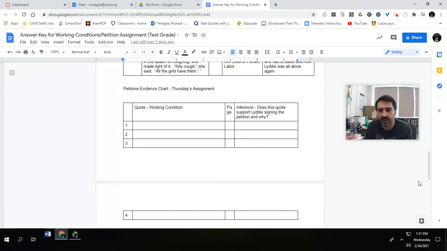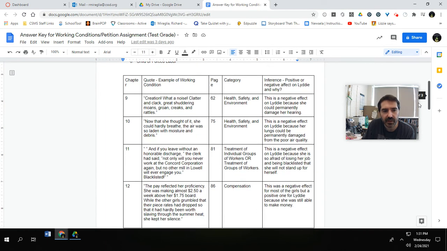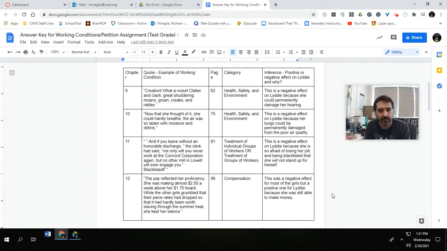What I want you to do is go back to Monday's chart. And what we're going to do is ask ourselves as we look at this, which quotes help Liddy decide to sign the petition and which quotes sort of cause her to have concern for signing the petition.